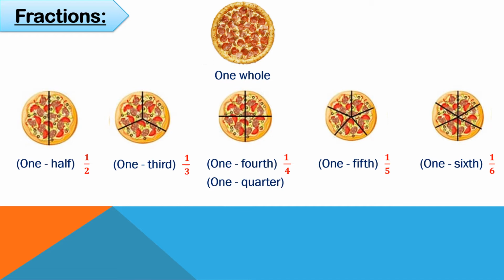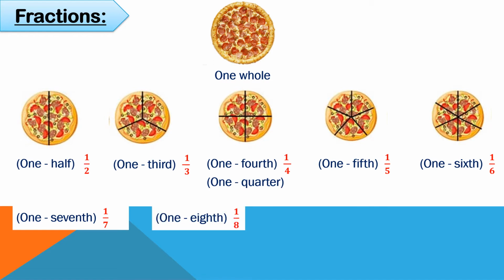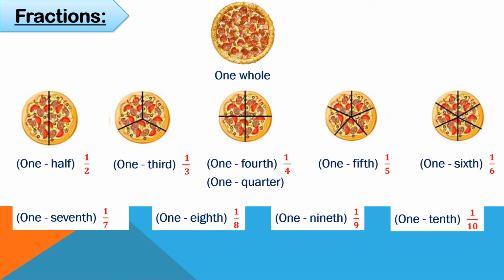If they are 7 kids, each one will take 1/7. If they are 8, 1/8. If they are 9 kids, each one will take 1/9. If they are 10 kids, each one will take 1/10, and it can be written 1/10.